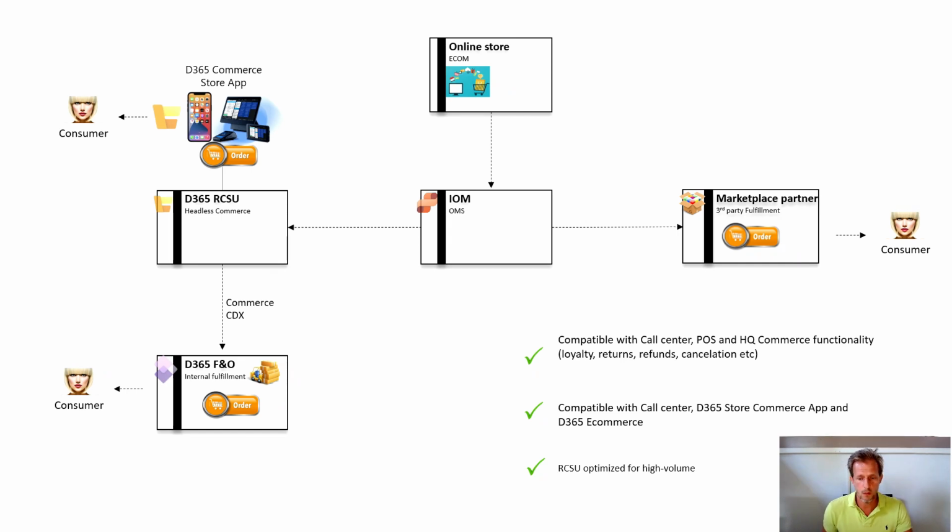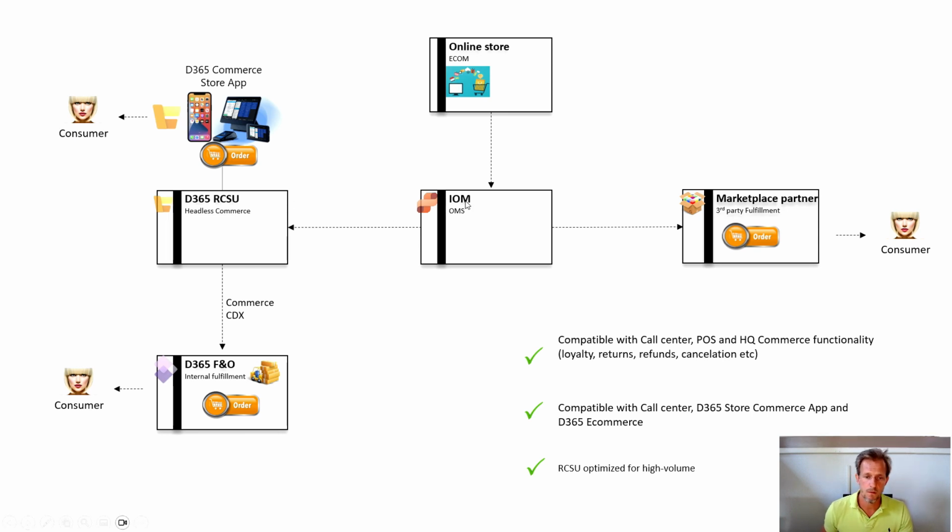We're fully compatible with the out-of-box native Dynamics sales channels, right? So the Store Commerce app, e-commerce front end, call center in the back end, and we are fully optimized for high volume, right? So the scale unit can receive hundreds of thousands of orders per hour, right?